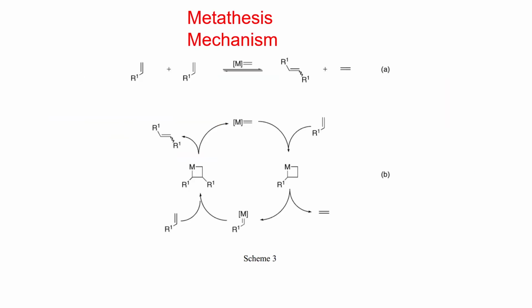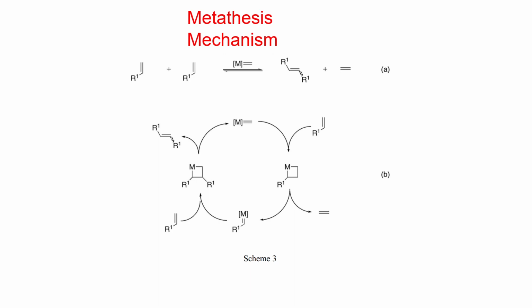So if we see the mechanism, this kind of carbene-based metal catalyst is used for that. At first, what happens is this particular carbon can react with any molecule, right?